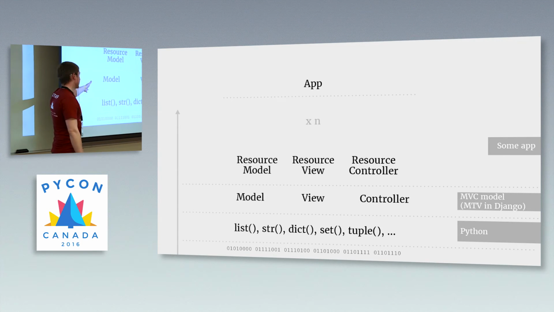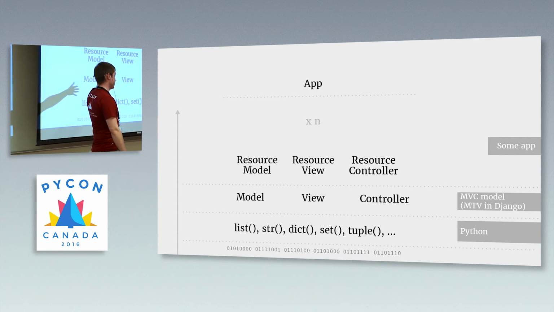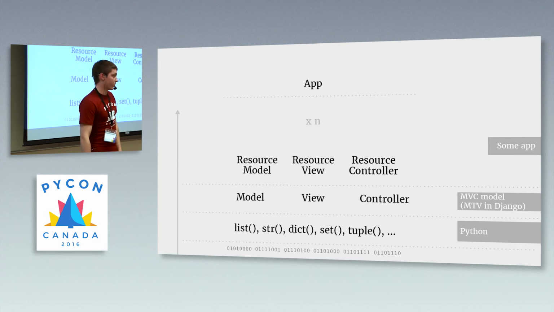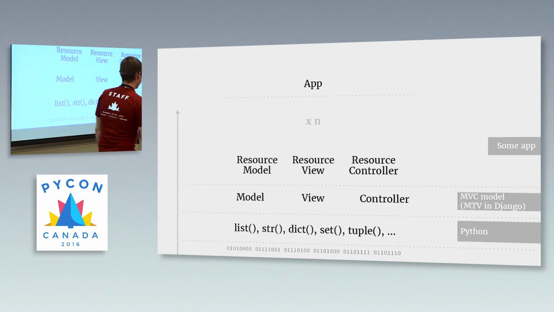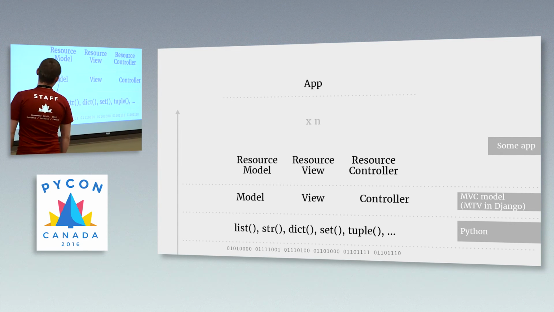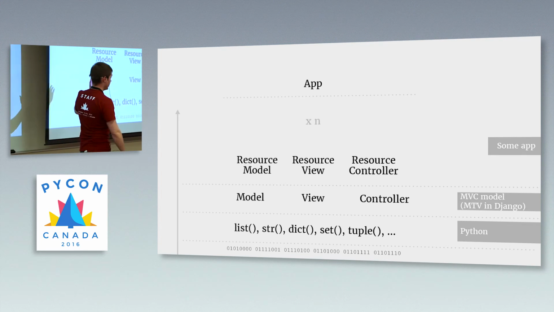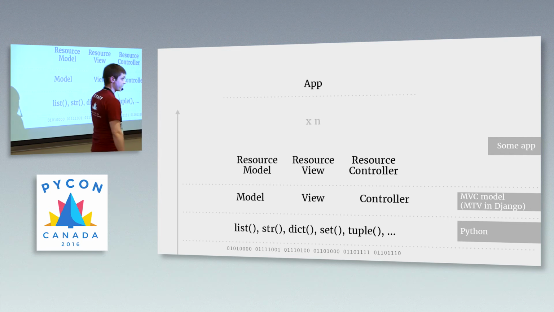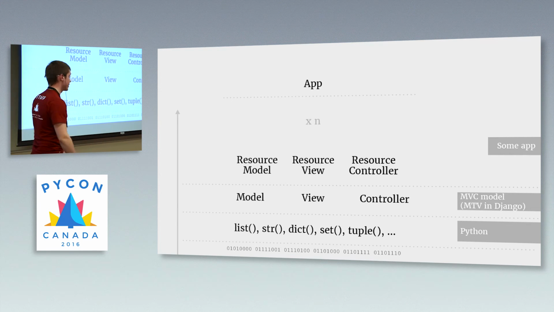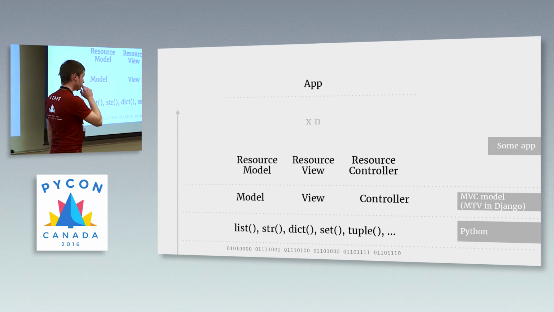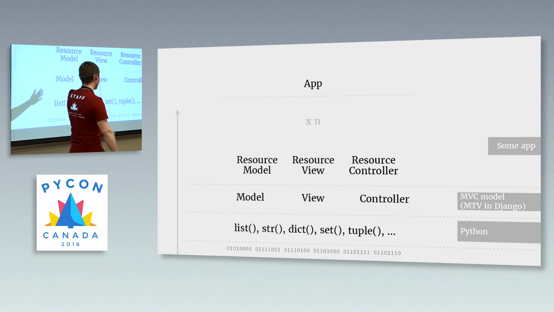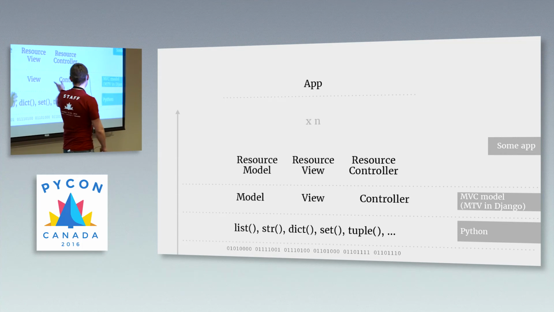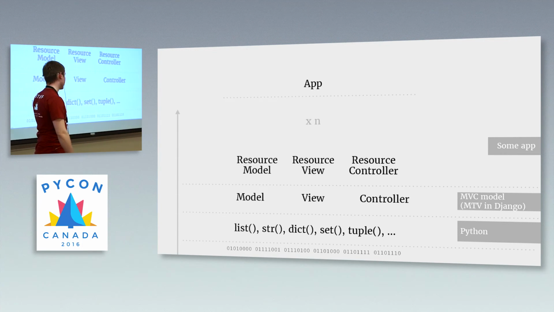It doesn't have to be this model that you want to use, but it's very popular. And this is another layer of abstraction of your application you might have. So model, view, and controller. If you code in Django, you probably call it model, template, and view.